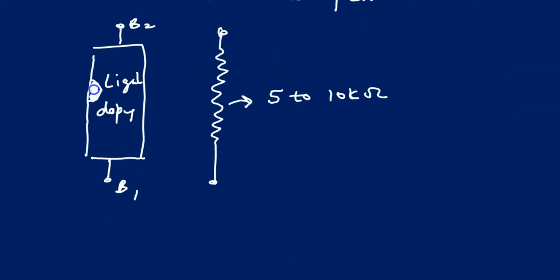And this emitter actually forms a PN junction diode, and this diode is somewhere near to B2. So this is the emitter terminal and it is open.